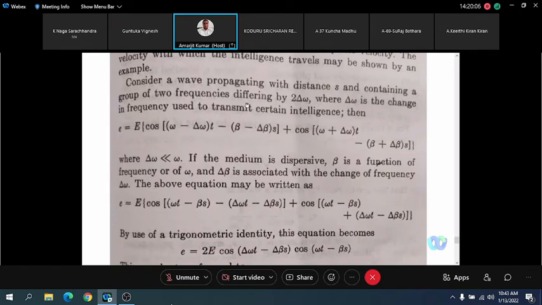Here we are assuming a band of two frequencies, omega plus delta omega and omega minus delta omega, separated by 2 delta omega. And delta omega is the change in frequency which is used to transmit some intelligence, some message.